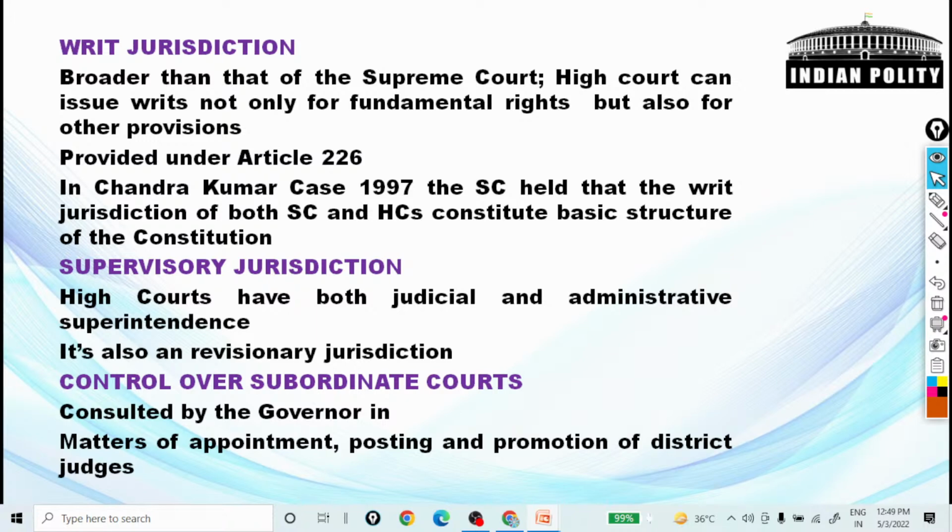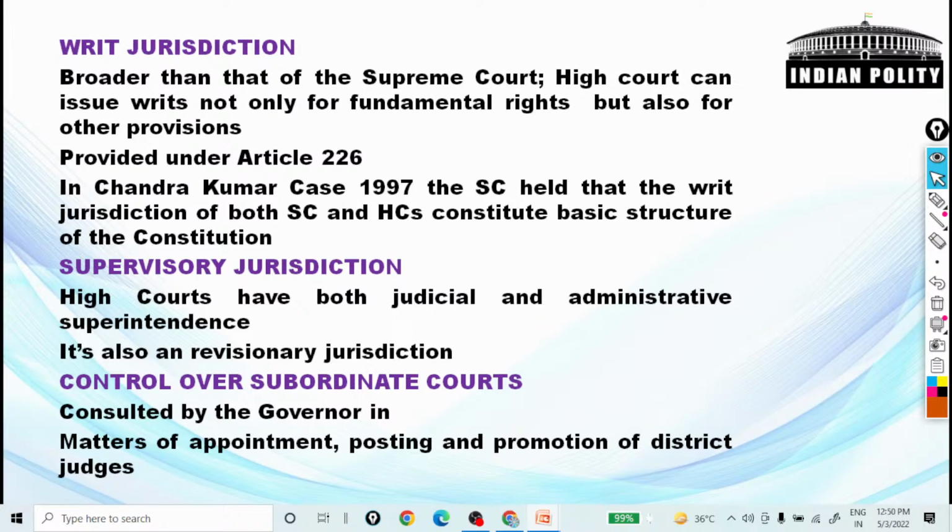Then the writ jurisdiction of the High Court. Writ jurisdiction is a unique jurisdiction, by special orders of the court issued for the enforcement of fundamental rights. The High Court and Supreme Court are both empowered to issue writs for the enforcement of fundamental rights. So under Article 226, the High Court is empowered to issue writs when there is a violation of fundamental rights.